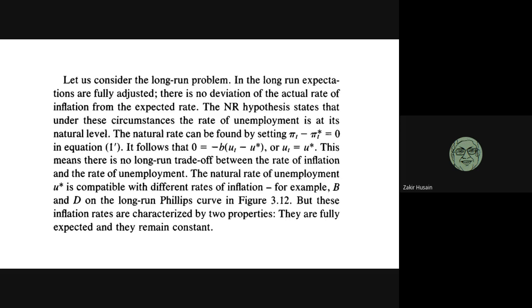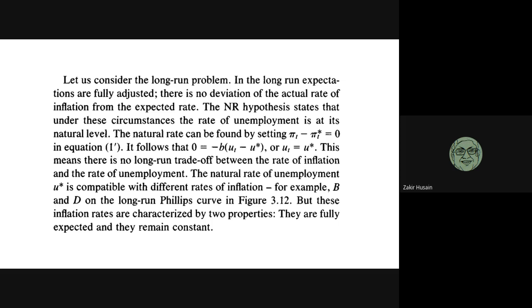If pi_t is equal to pi star_t, U_t will be equal to U star. Okay, so if your expectations are realized, this can only occur if the rate of unemployment is equal to the natural rate of unemployment.